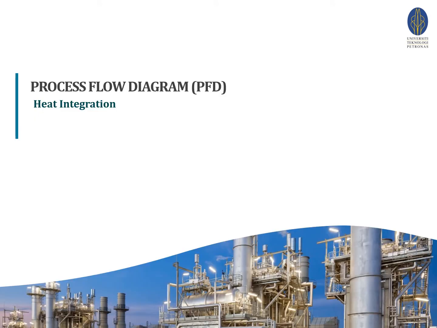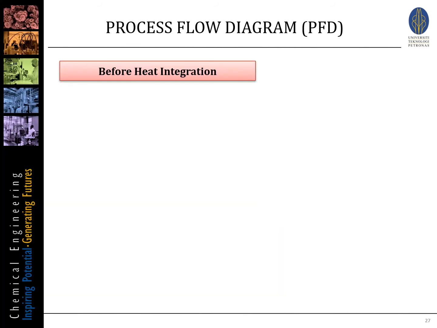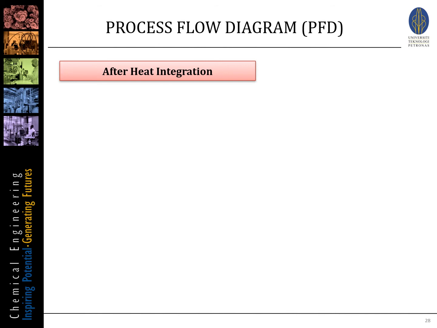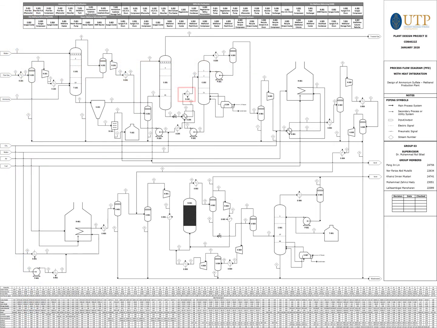Okay, now we move on to the heat integration part. Okay, so here is the process flow diagram before the heat integration. And this is how it looked after the heat integration, in which in this project, the heat integration is focused on two parts.